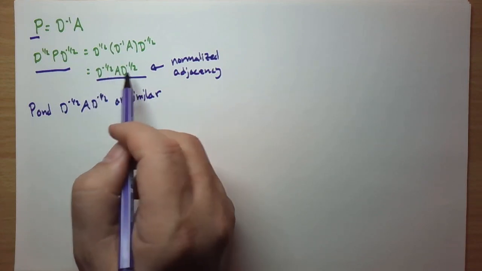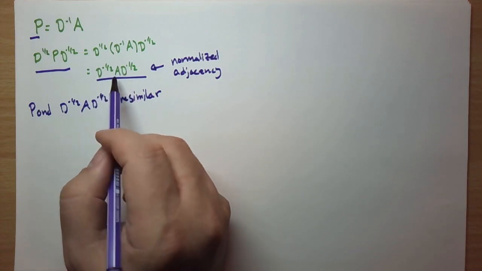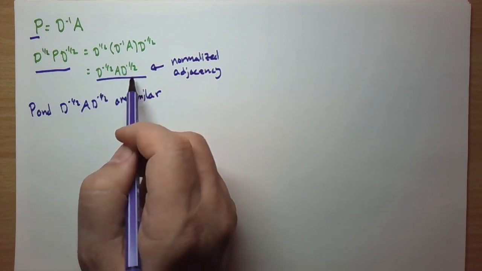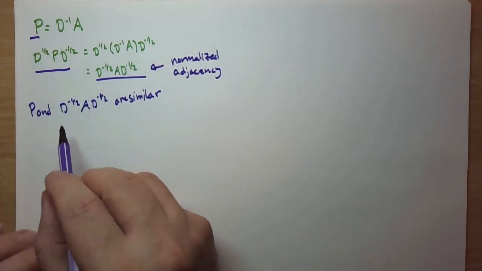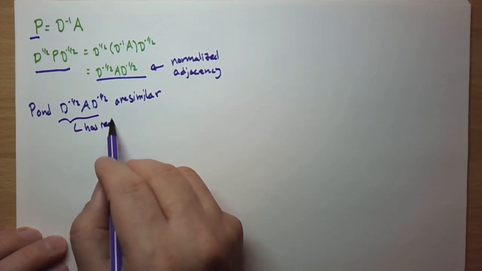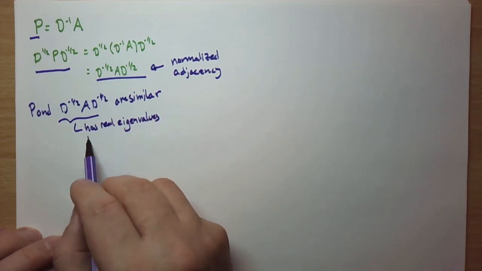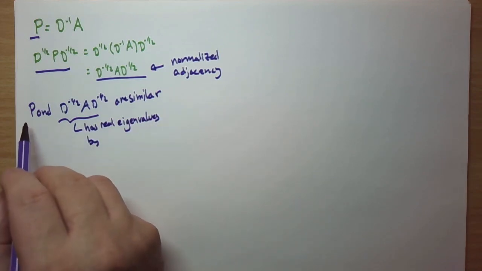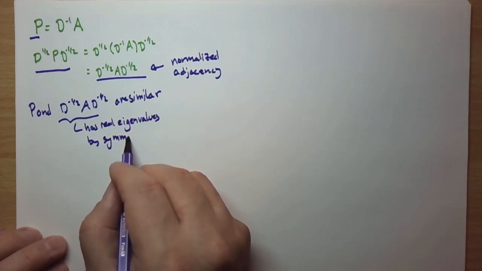If you take the transpose, you get D to the minus 1/2 transpose times A transpose times D to the minus 1/2 transpose, but then transpose does nothing. So this one has real eigenvalues by symmetry. So our conclusion is that our original matrix also has real eigenvalues, since it's similar to something symmetric.